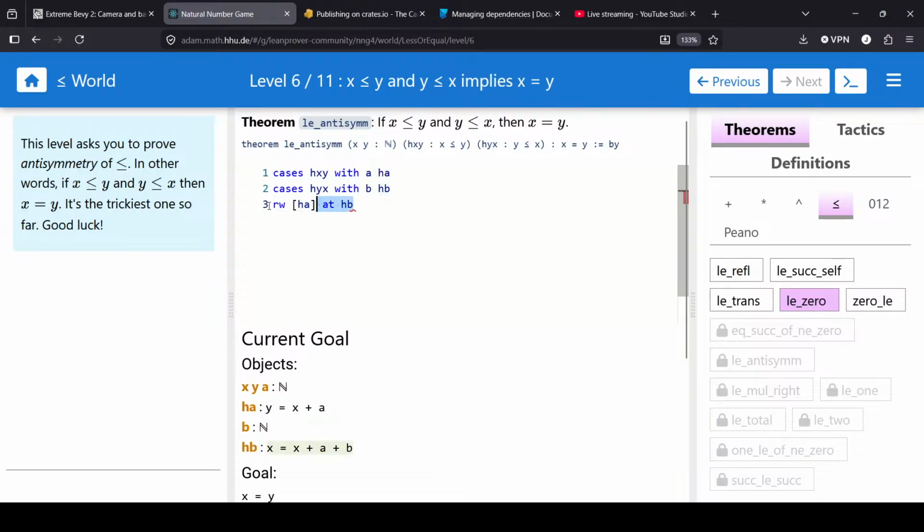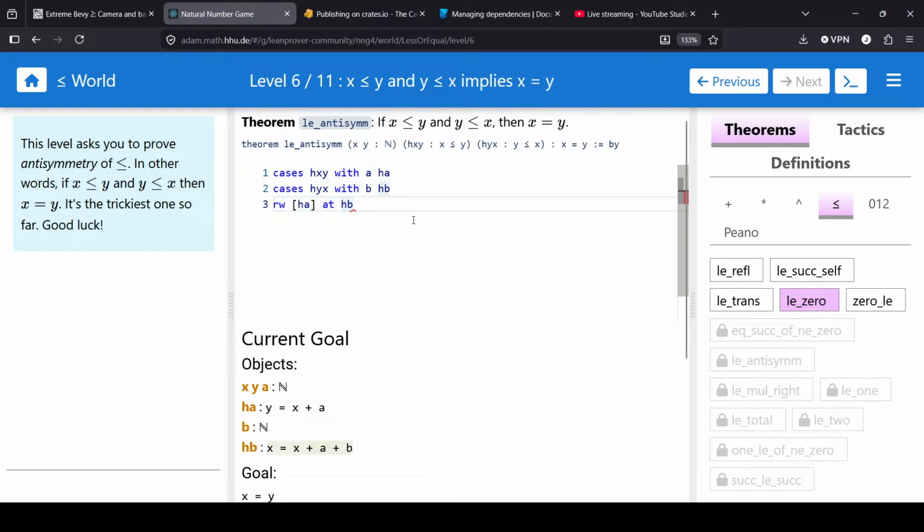Yeah, I'm pretty sure I want to just isolate the B and the A, but I want to keep my HA and HB. Is there a way I can do that? I guess I could, like, no, if I cases again, it's just gonna introduce more stuff.